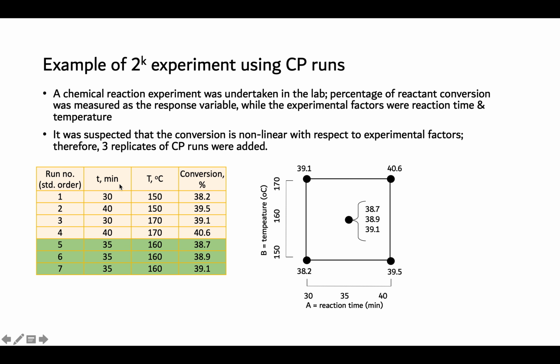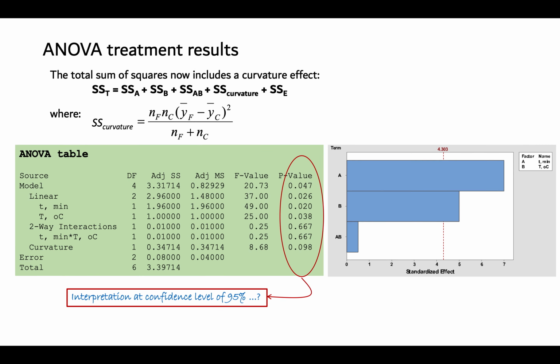The values of temperature and time are varied in each experiment, and then we add 3 runs at the center point. And this is the result of the center point factorial design.